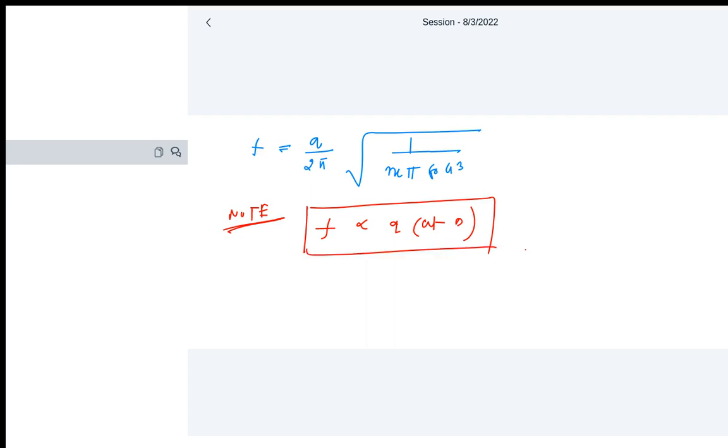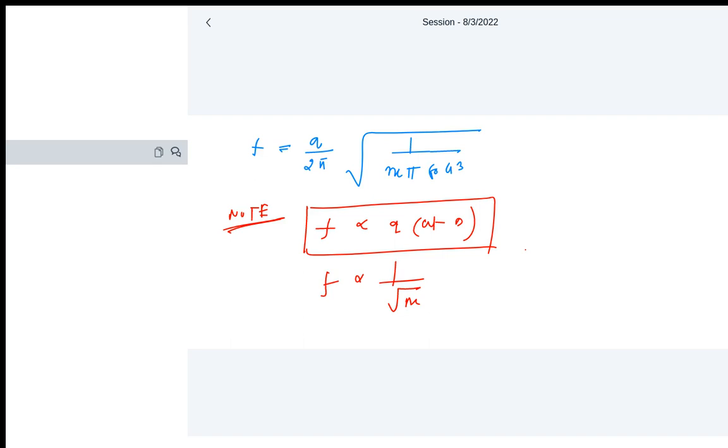If we increase the magnitude of this charge, the amount of charge, increase the q. So f is inversely proportional to 1 upon root m.